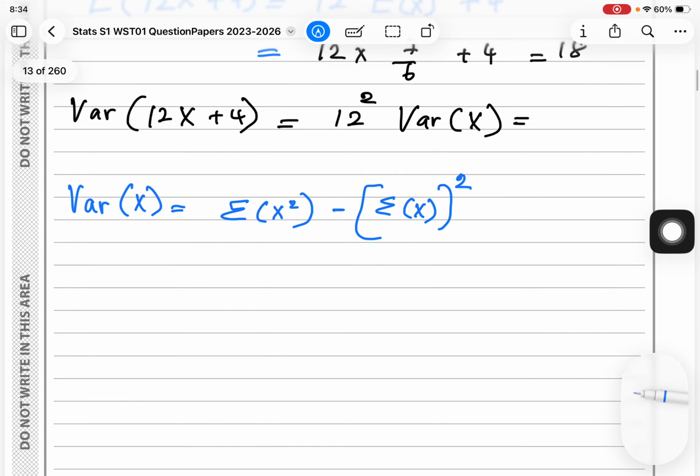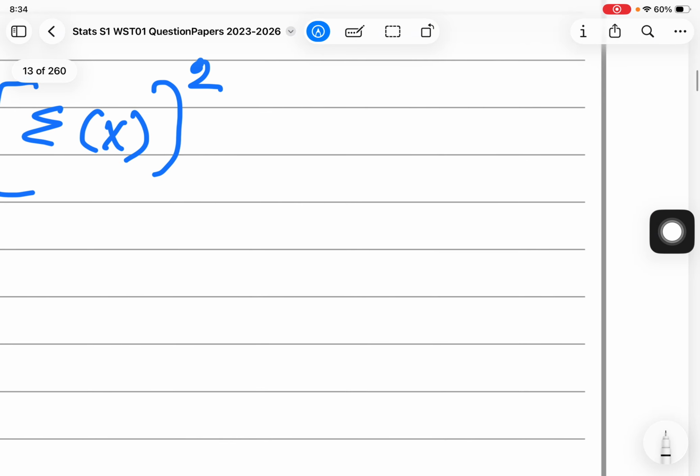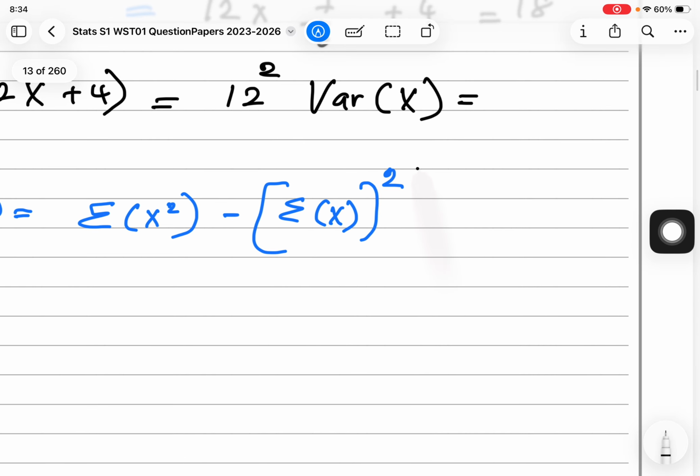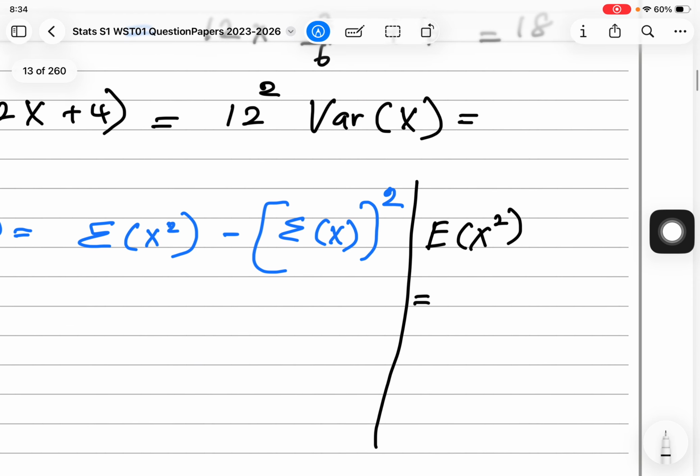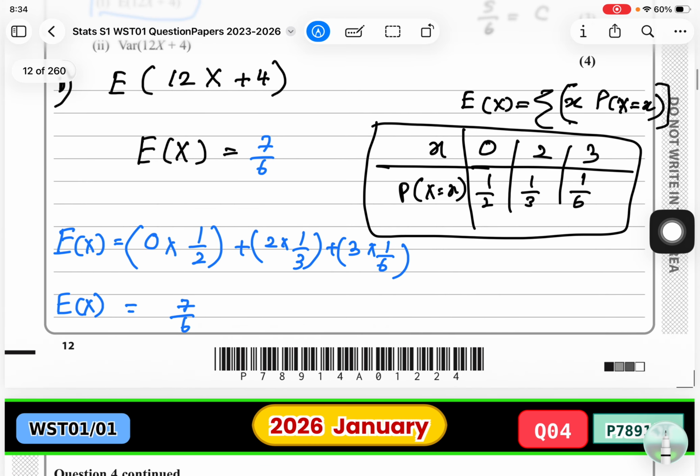Let's take it in another place. For E(x squared), you take the x values from the table, square them, and multiply with the probability.